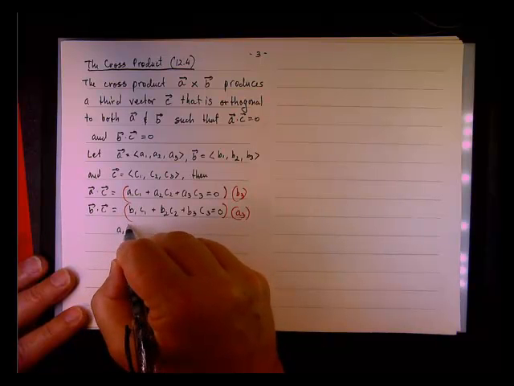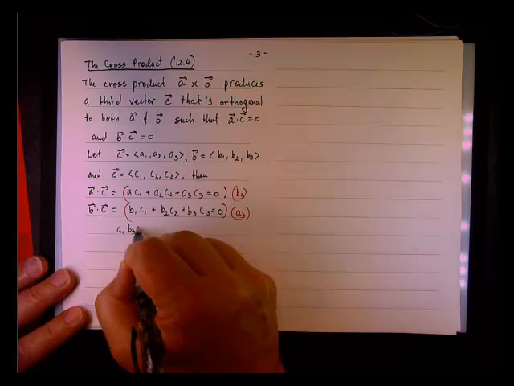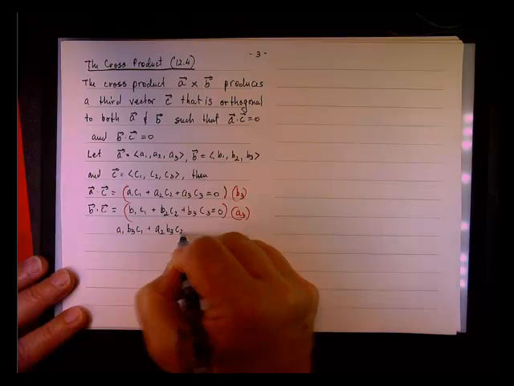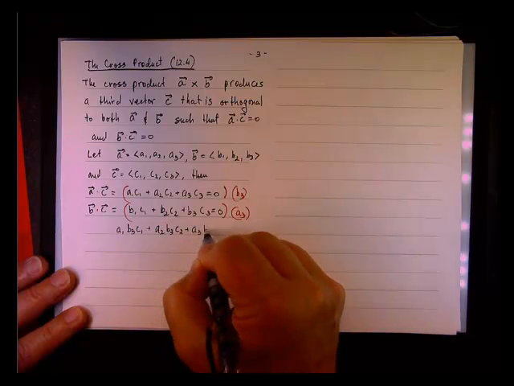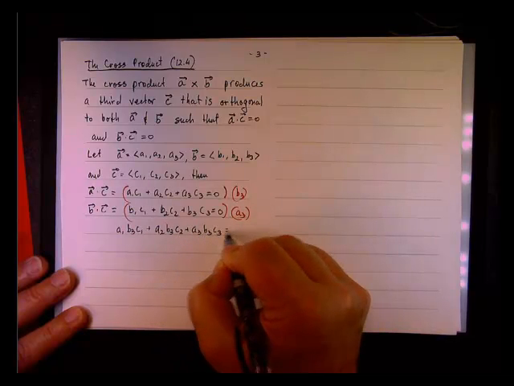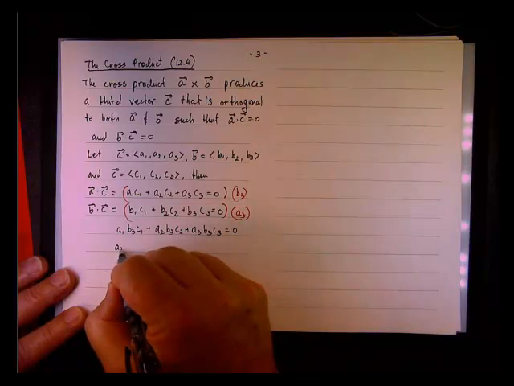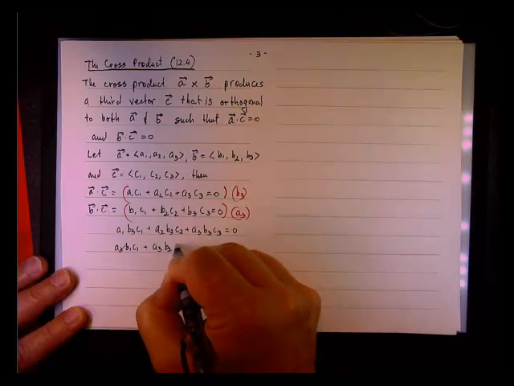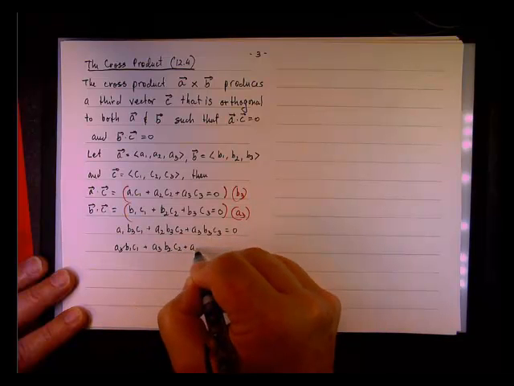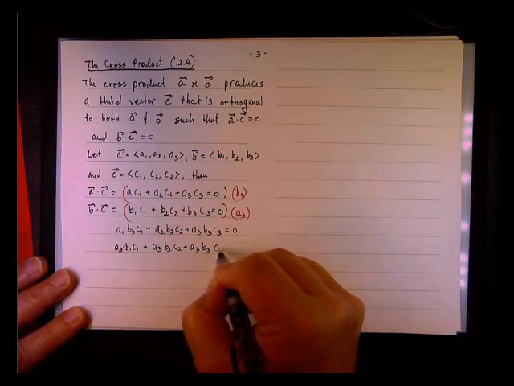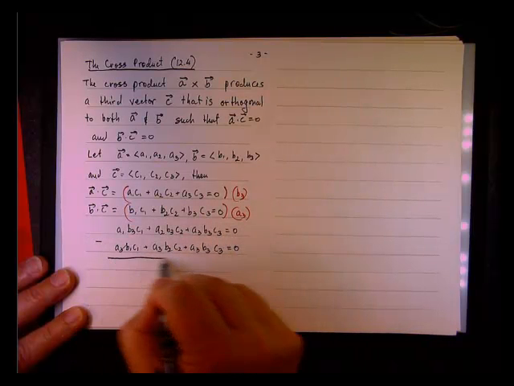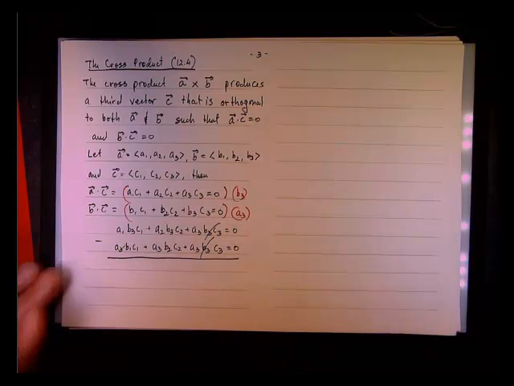So we have A1 B3 C1 plus A2 B3 C2 plus A3 B3 C3 equals 0. And here we have A3 B1 C1 plus A3 B2 C2 plus A3 B3 C3 equals 0.